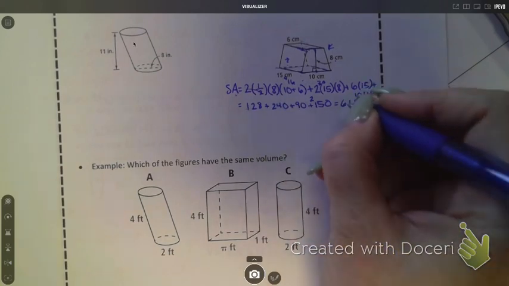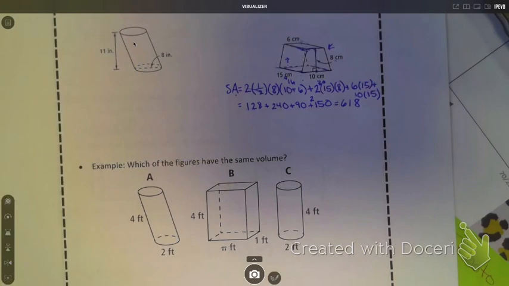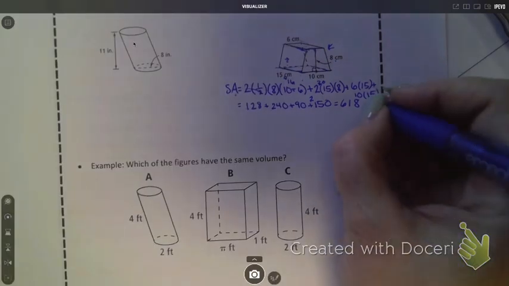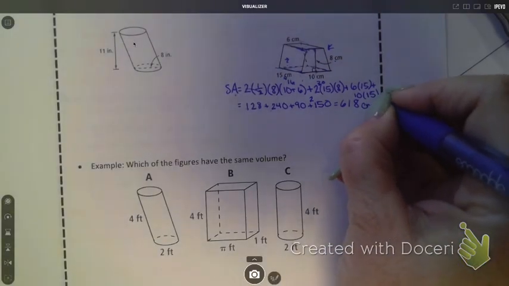Did you guys get 618? I got 618. You've got to check my work. And we are centimeters squared.